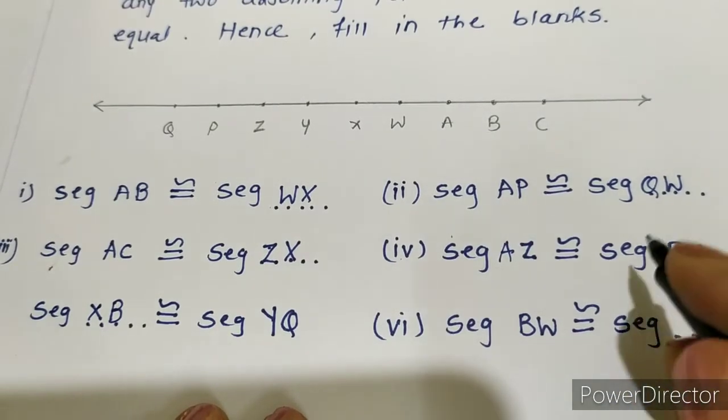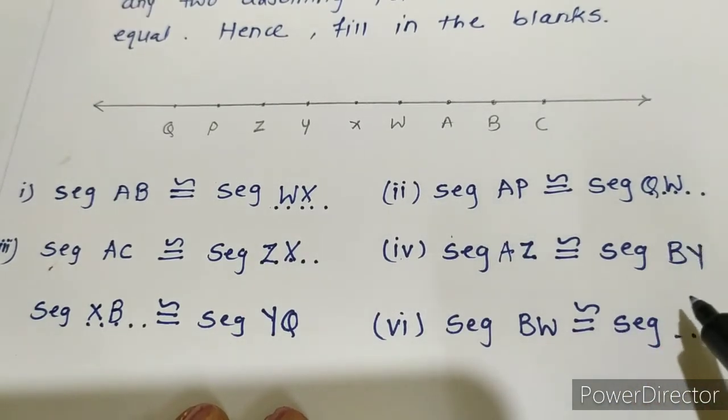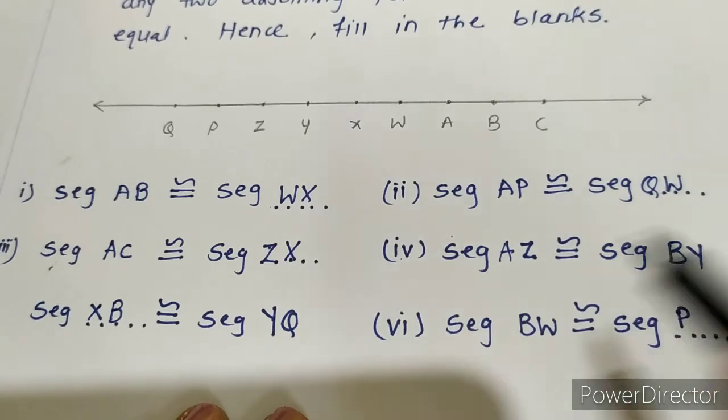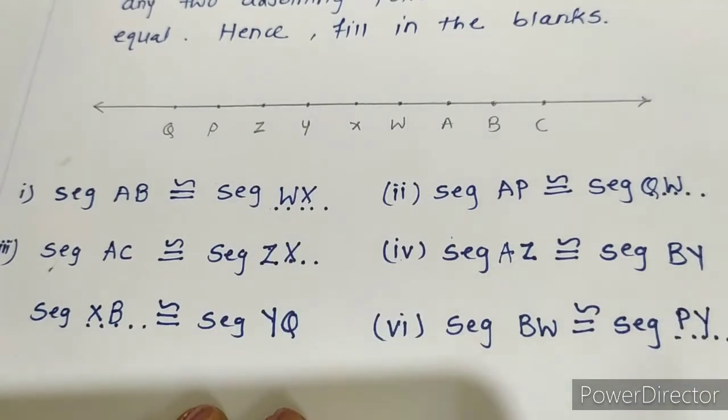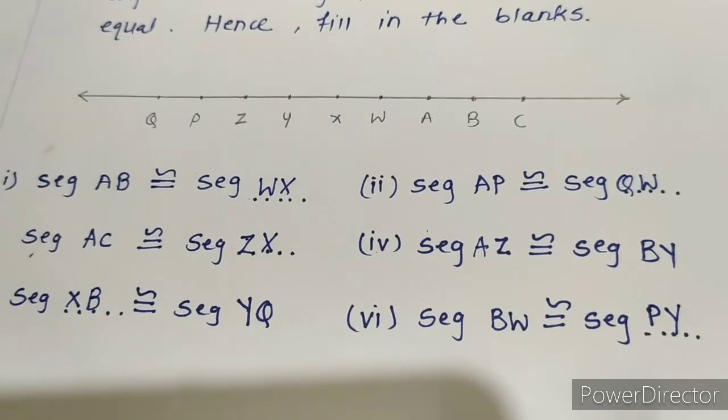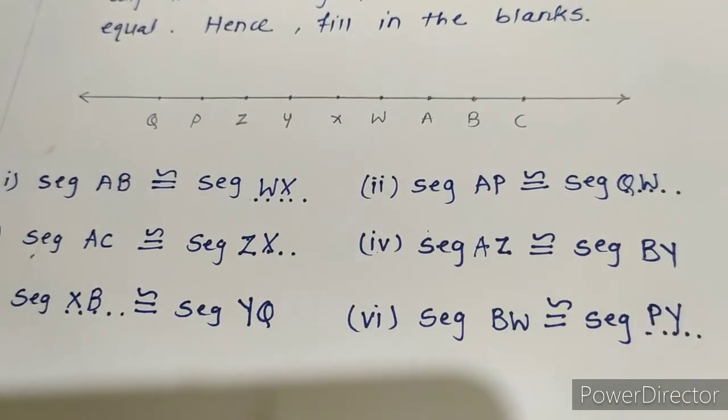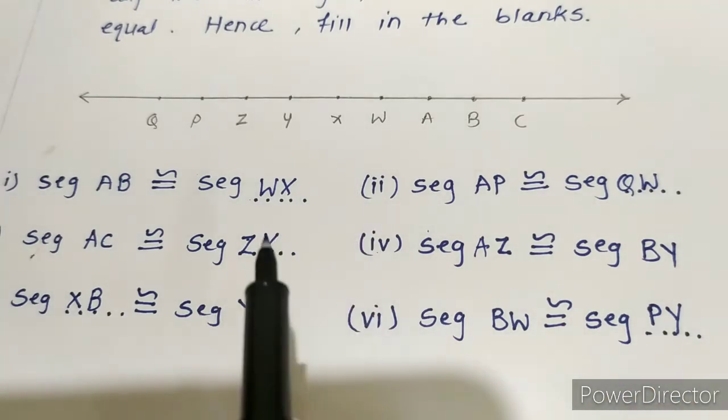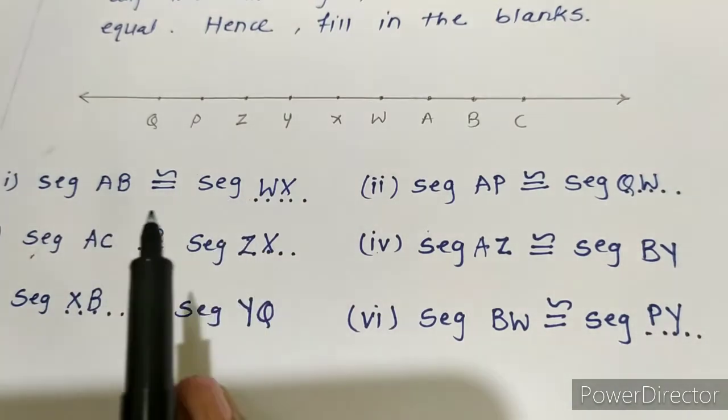So you can take any point here again. I am taking point P, 1 and 2. So that is PY. So students, like this you can write your answers. Answers may vary because you can take any point. Only keep in mind the distance should be the same between two segments.